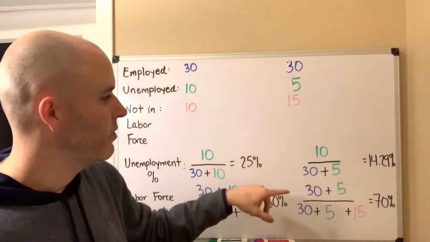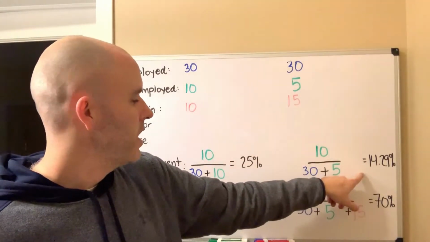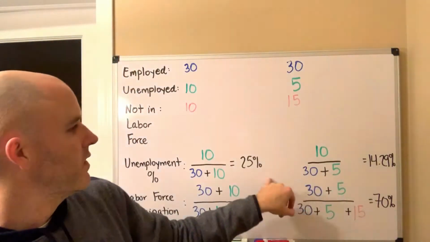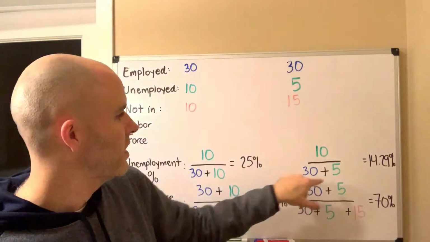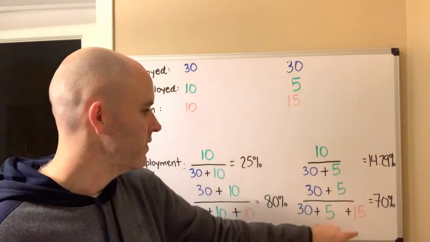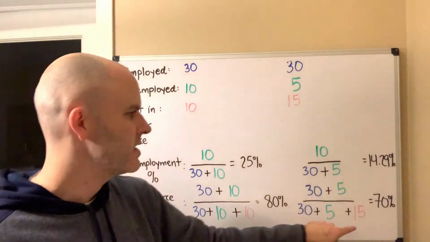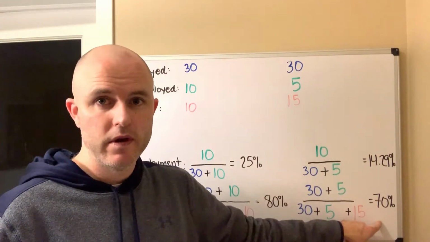So if we plug these numbers in, here's what happens. On the top here, the unemployment rate goes down significantly, all the way down to 14.29%. But look at this. Our labor force participation rate went from 80 to 70%. It went down. It got worse.